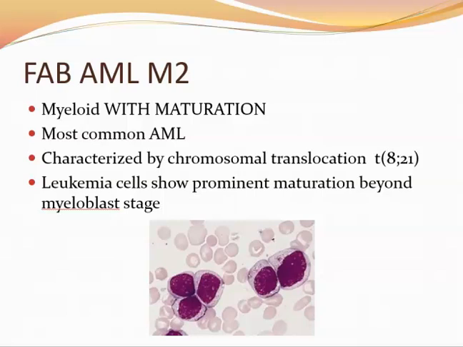It's characterized by a chromosomal translocation affecting t(8;21). And we'll talk about what exactly a translocation is a little bit later on in the next lecture. In this classification, the leukemia cells show predominant maturation beyond the blast stage.